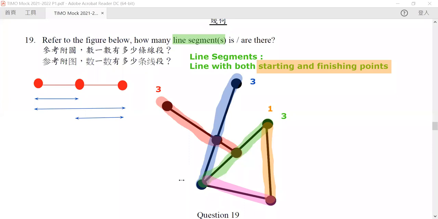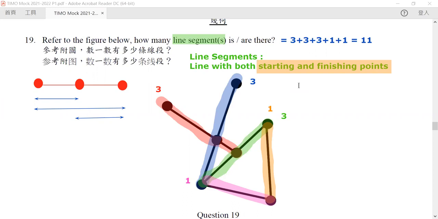And our pink line will also have only 1 line segment. So how many line segments are there in total? This equals 3 plus 3 plus 3 plus 1 plus 1. And hence our answer is 11.